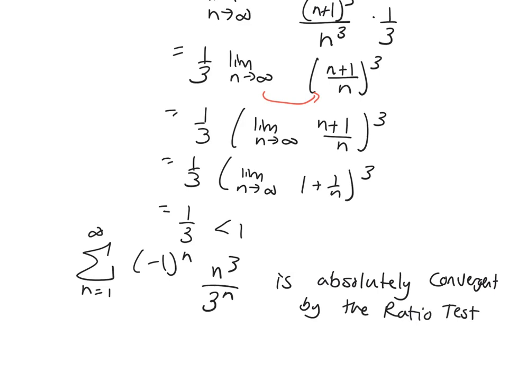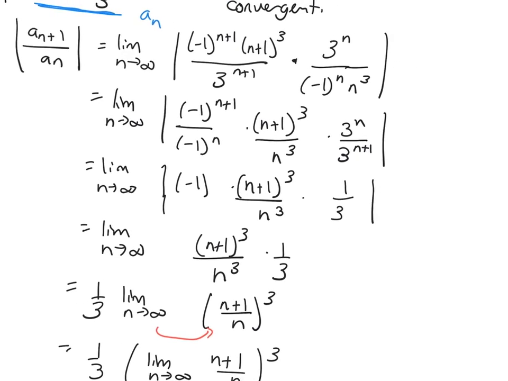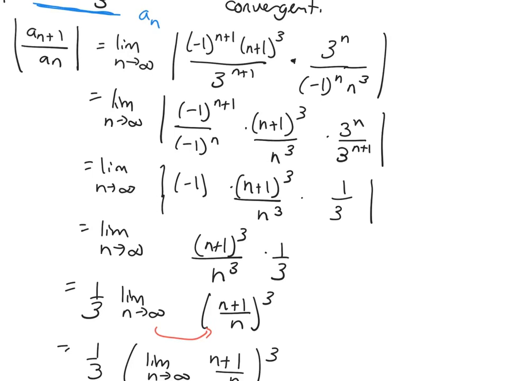Yes. Okay, on that part where we did 3 to the n divided by 3 to the n plus 1, how did you simplify that to 1/3? How did I simplify that? So this becomes 3 to the n minus n plus 1. You subtract their exponents. Well, I have n minus n, so they cancel, and then I'm left with 3 to the negative first. Oh, okay.